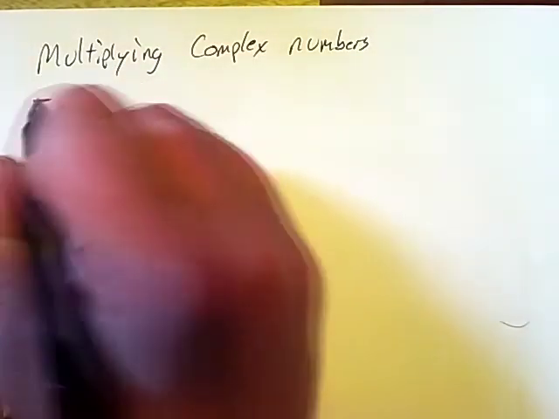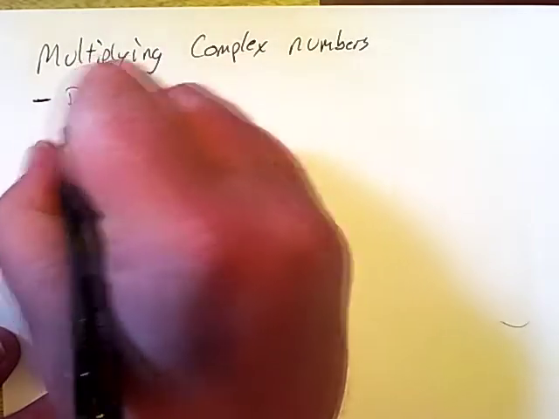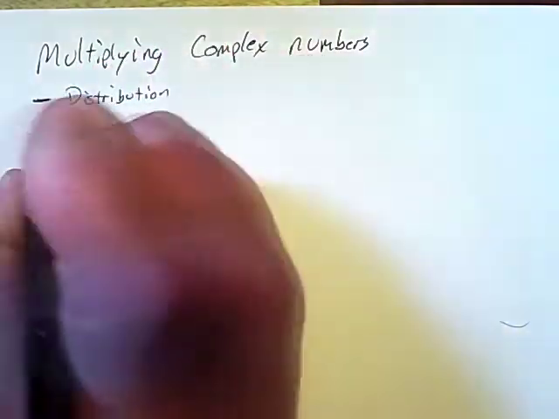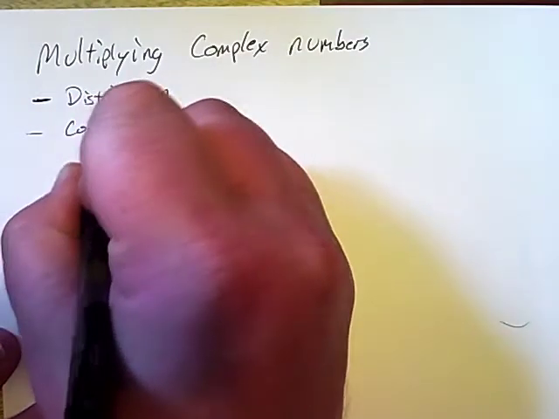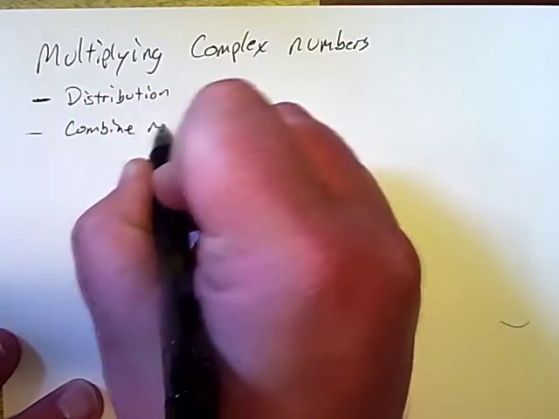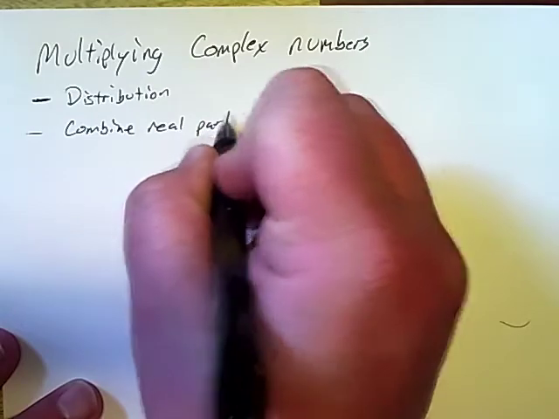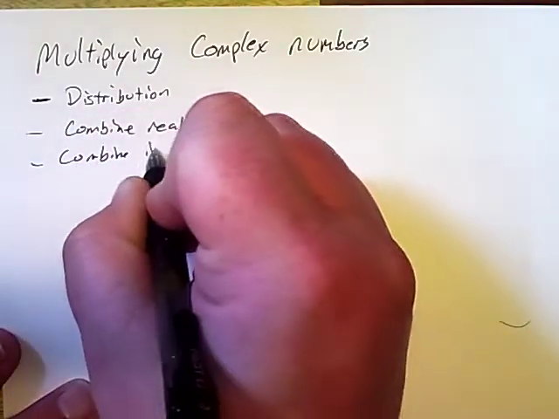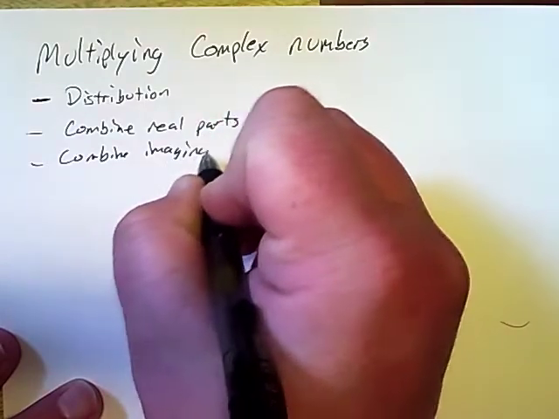The steps I would probably suggest is there's probably going to be some sort of distribution. And then we need to combine real parts. And then we want to combine imaginary parts.